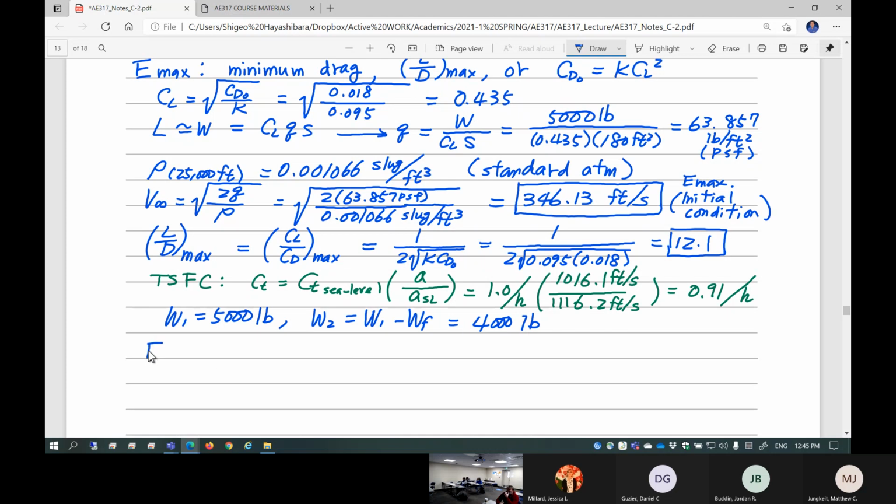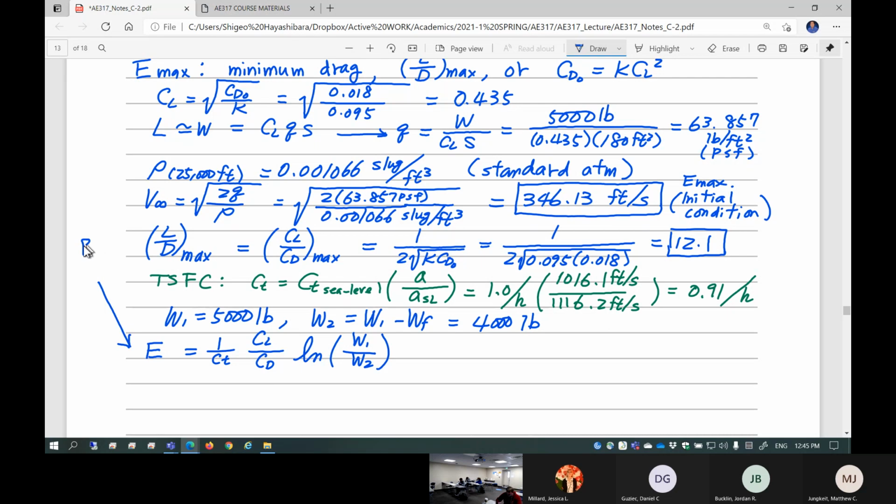So let's pick up the endurance equation: 1 over CT, CL over CD, natural log of W1 over W2. By the way, this is actually the Breguet equation, isn't it? Sorry about that. This is not the average method.